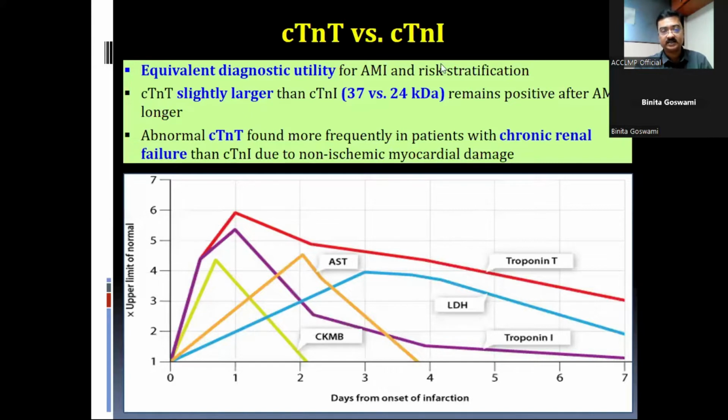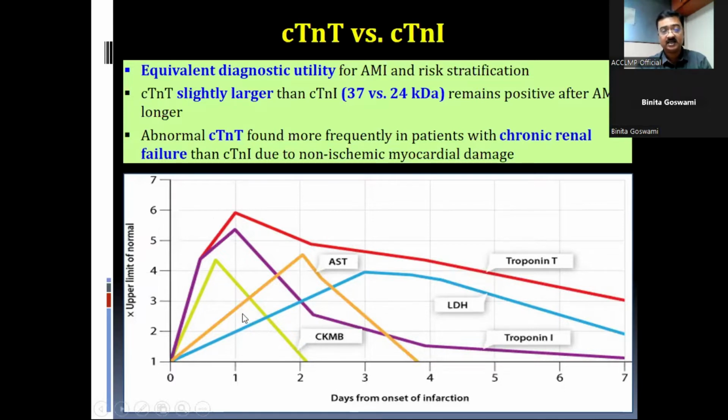Now, if you look at this graph, this purple one is cardiac troponin I, and this red one is cardiac troponin T. They rise very early, within 4 hours, remain in blood about 4 to 12 hours, then decline and remain above range for quite a long time, so this helps in early diagnosis, definite diagnosis, as well as late diagnosis.